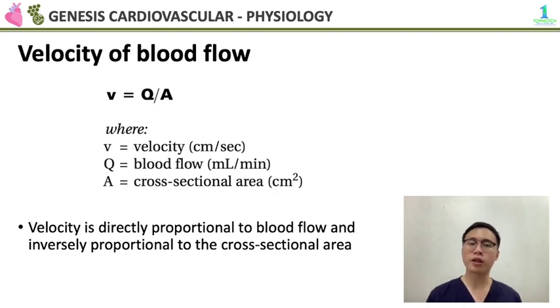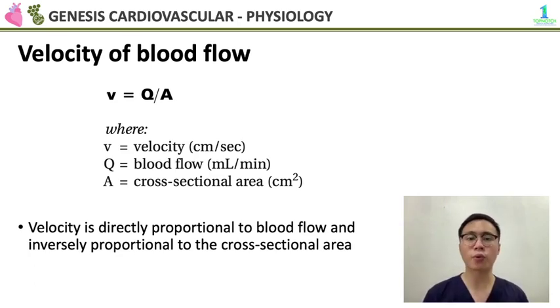So for example, it also goes to show that blood velocity tends to be higher in vessels with small cross-sectional area. So kung tatanungin kayo, which vessels tend to have small cross-sectional area, which ones tend to have large cross-sectional area? So saan mas mabilis ang blood velocity? Sa malaking vessel like the aorta, or would it be sa capillaries?